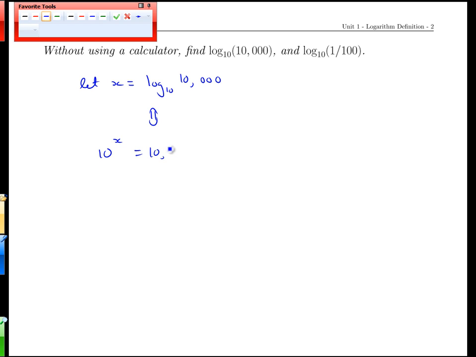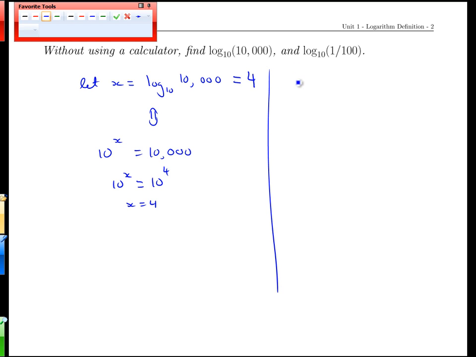And if that's the case, we can pretty clearly see that that's 10 to the 4. And so x must equal 4. So log of 10,000 base 10 is simply going to equal 4.